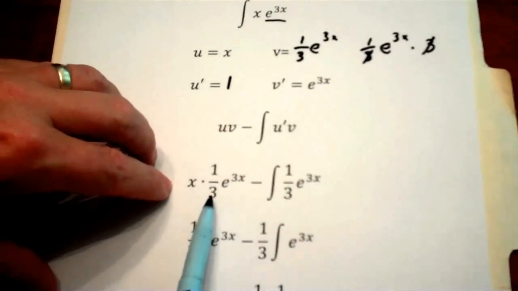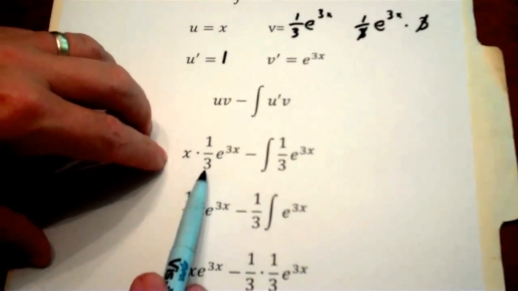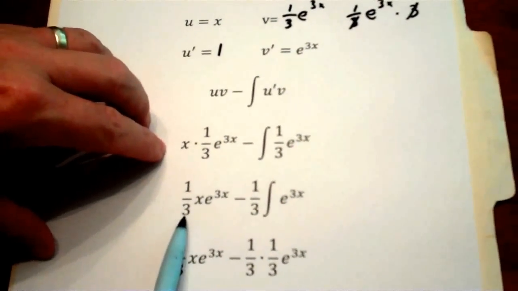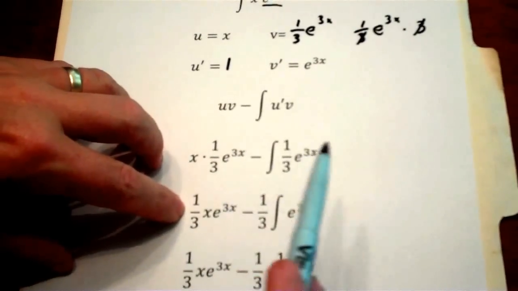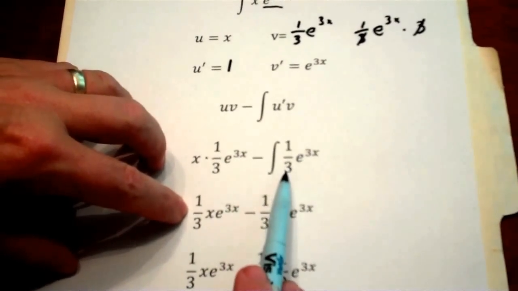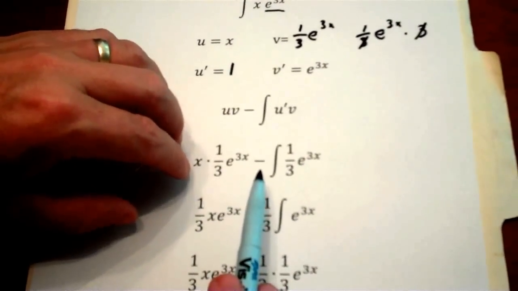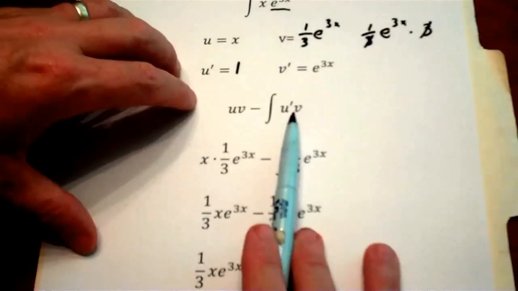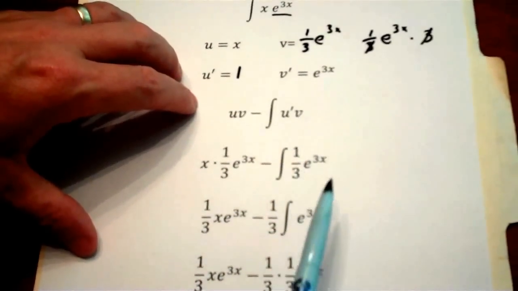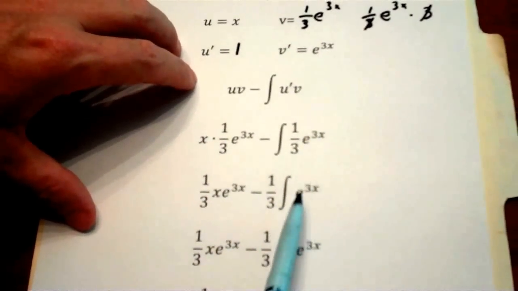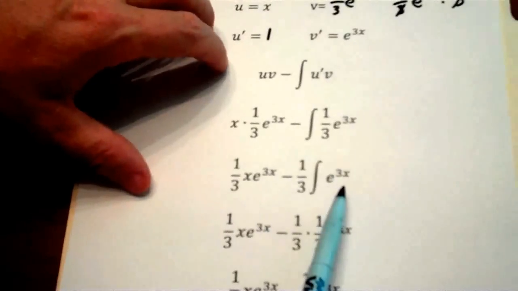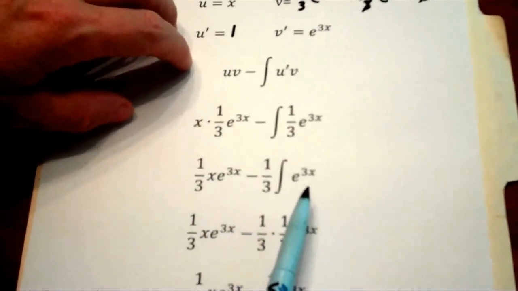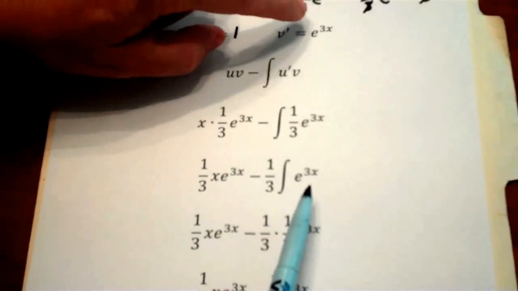I'll neaten this first part up by bringing my coefficient of 1/3 out in front of my x. And as long as I'm at it, let's go ahead and take that 1/3 and move it off to the side. Whenever I'm integrating, it's easier if I ignore the coefficient. So I'm really just going to take the integral of the e to the 3x part. Well, luckily for you, we just did that 30 seconds ago. Remember up here?